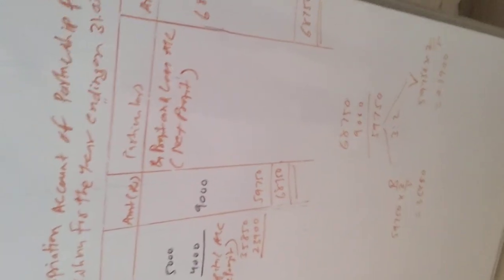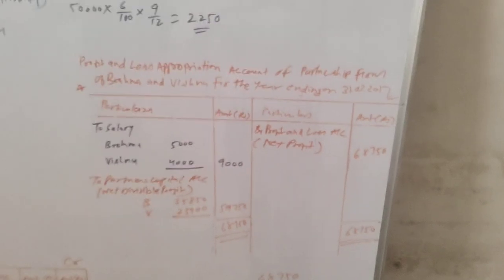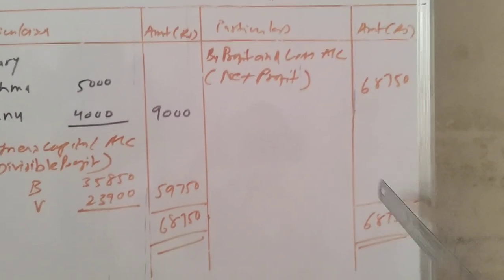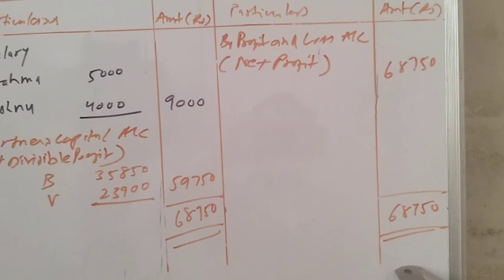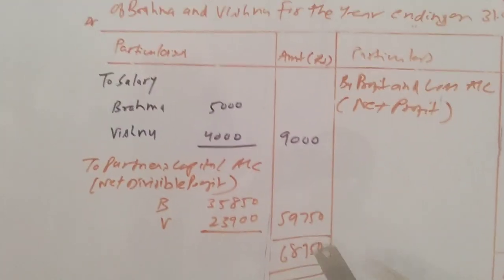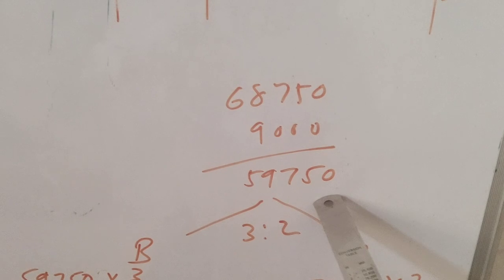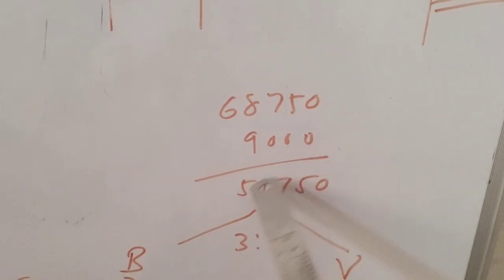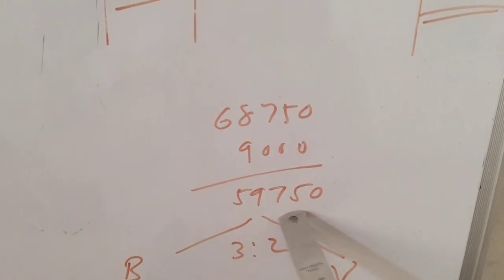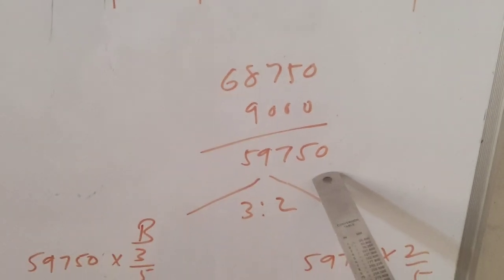Now we will find the difference of the profit and loss appropriation account. The total of the credit side of the profit and loss appropriation account is 68,750 and the total of the debit side is 9,000. So the difference comes to 59,750.